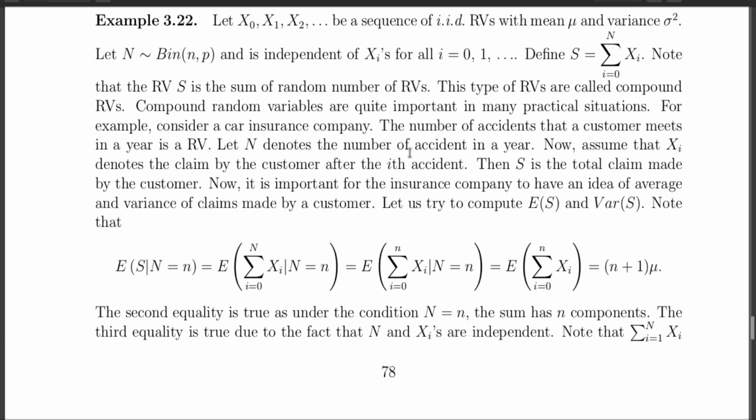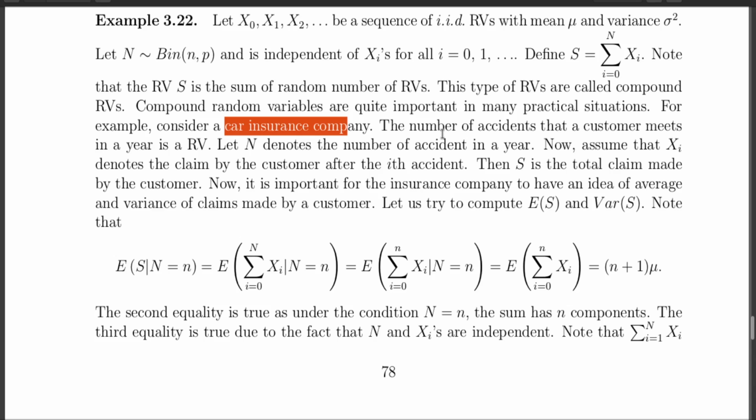One example you can think of is a car insurance company. For a car insurance company, it is important to know, for different customers, how much claim a particular customer is making.